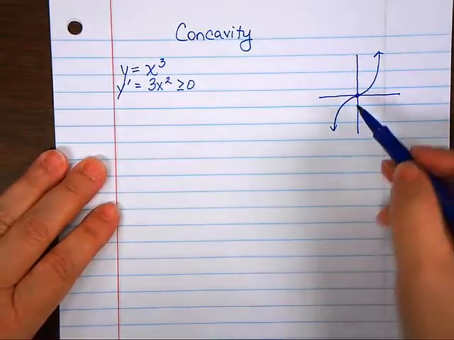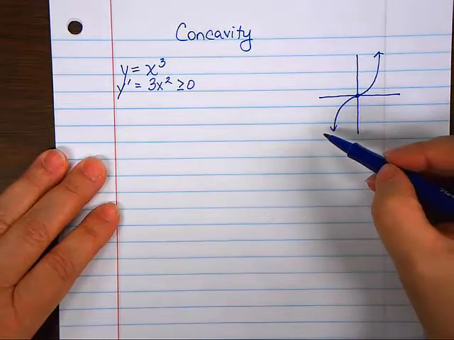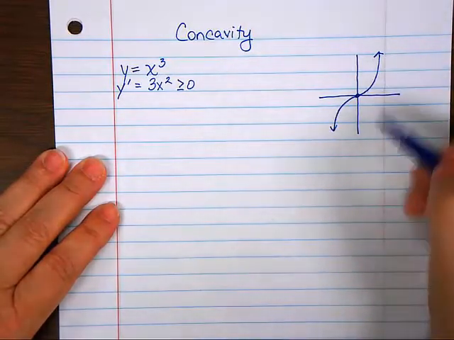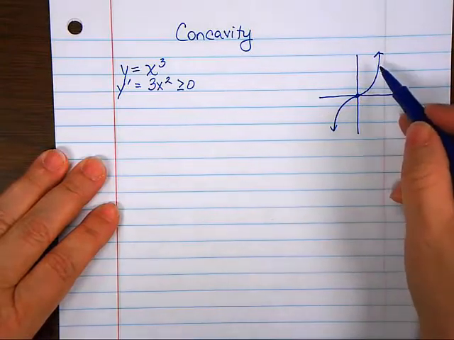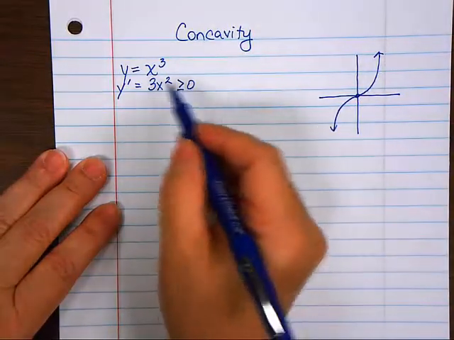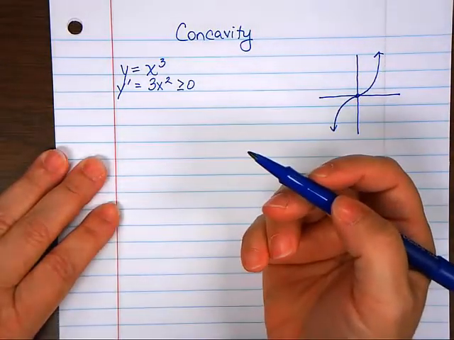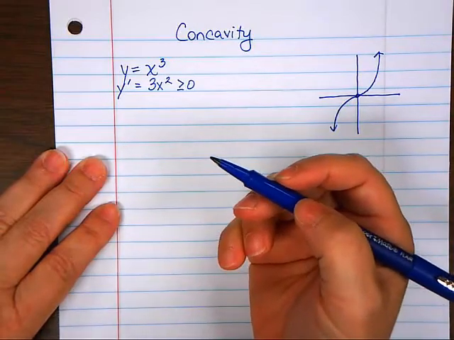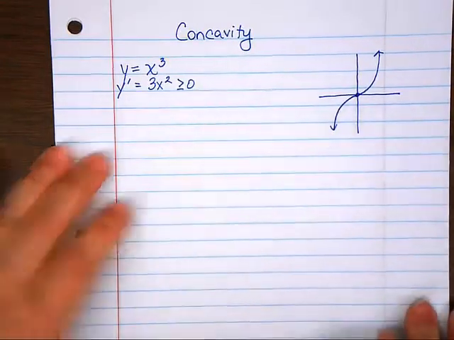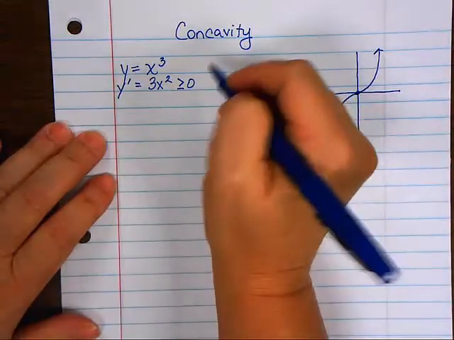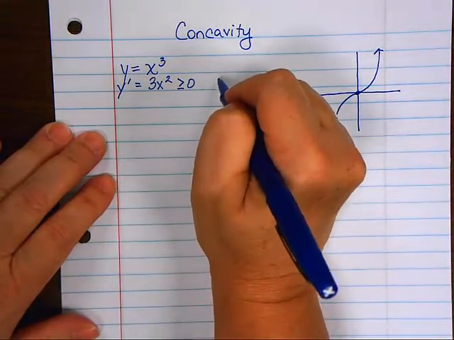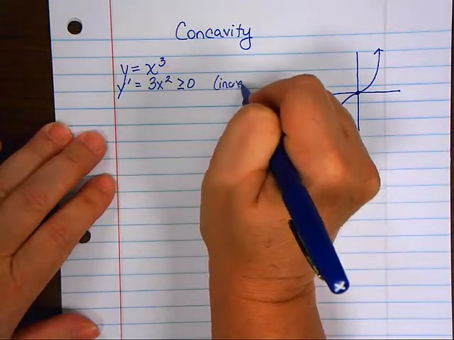But the question is, how do you know that it's not a straight line? Or how do you know it does this kind of curvy wiggle thing and then this shape on the other side? Well, because your teacher in Algebra 2 told you it did, right? But there is a way to tell from the equation, even if you don't have the graph and a curve. So this means right here that it's increasing.